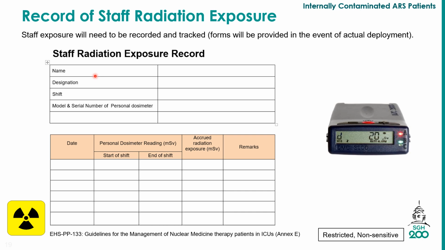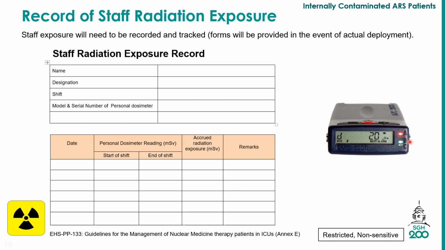For example, your 8-hour or 7-hour shift, when you're attending to patients who have contamination inside them, you would need to write your name, your designation, the shift that you worked on, the start time and end time of the shift, and the total amount of exposure that is read on the electronic personal dosimeter. Then this EPD can be reset and recycled, and another colleague of yours in another shift can use it.